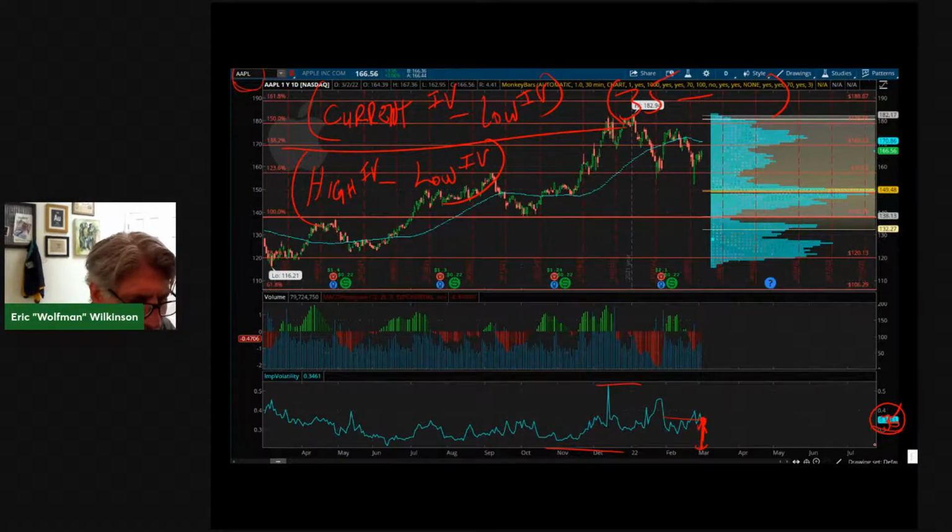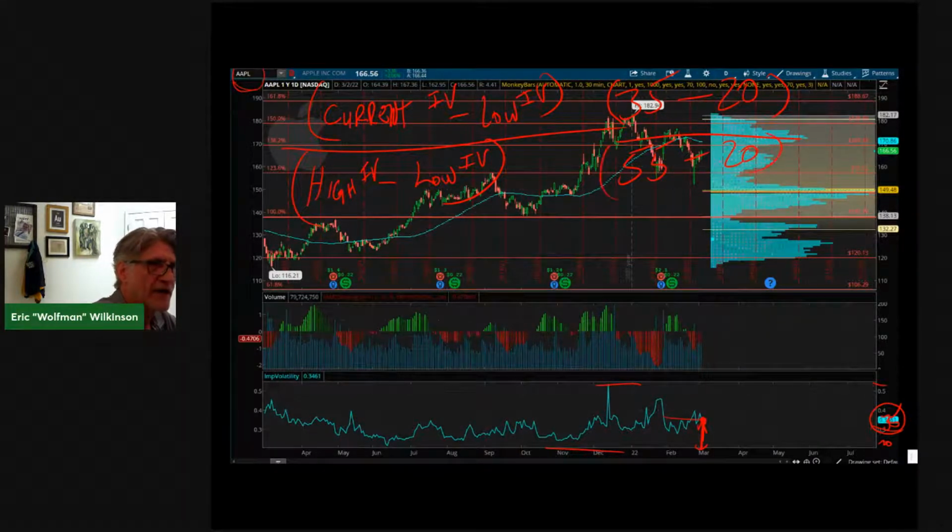Let's just call this low 20, somewhere down there. And then the high, let's call it 55. So I have that sum, and then I have the high minus the low, 55 minus 20, and I've got to come up with this math.